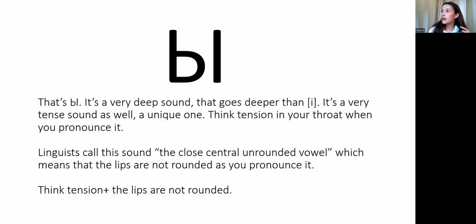That's why they call it unrounded vowel, right? So pay attention to how I'm pronouncing it now. Ui, ui. You see, my lips are not rounded. So the tip is this. Think tension plus the lips are not rounded. Ui.